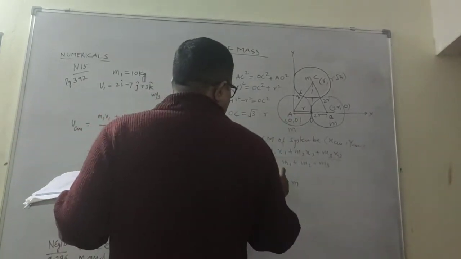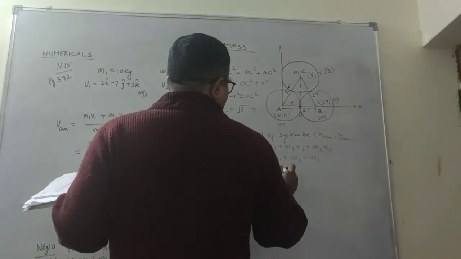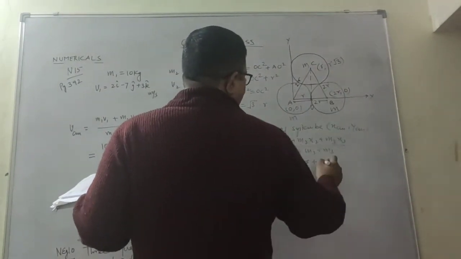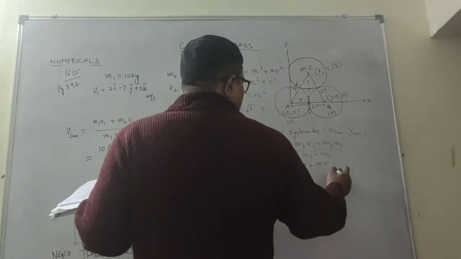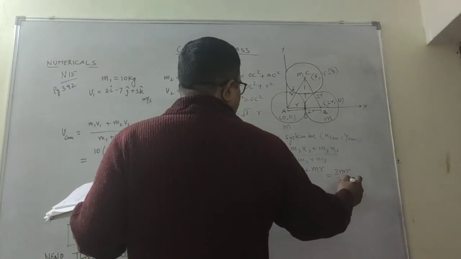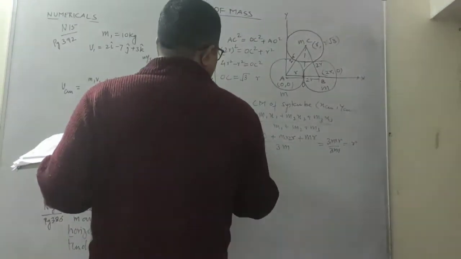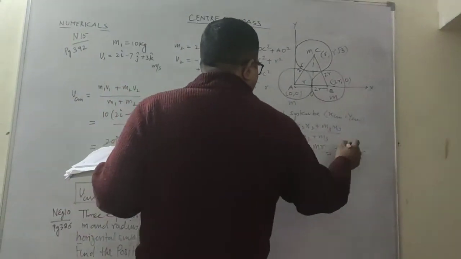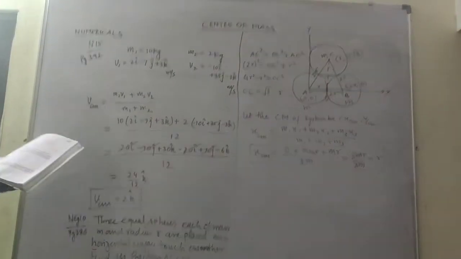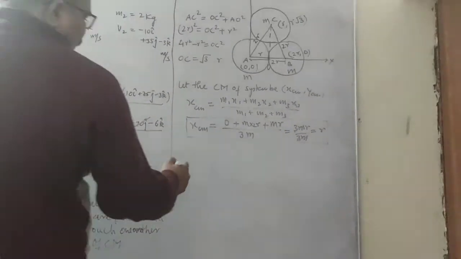Now x1 is 0, so this is 0. x2 is there, m into 2r plus m into r. So this is 3mr upon 3m. So what is left? r. xcm is r. This is an important logical question. xcm is r. Now you need to find ycm.